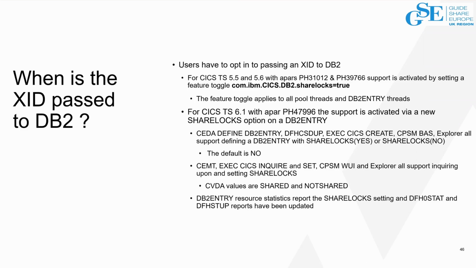You can define a DB2 entry with share locks in the standard set of ways: CEDA, EXEC CICS CREATE, CSDUP, etc. CMT and EXEC CICS INQUIRE and SET, and the Explorer will show you the value of share locks, whether it's shared or not shared. And we have some new statistics to go with that as well.